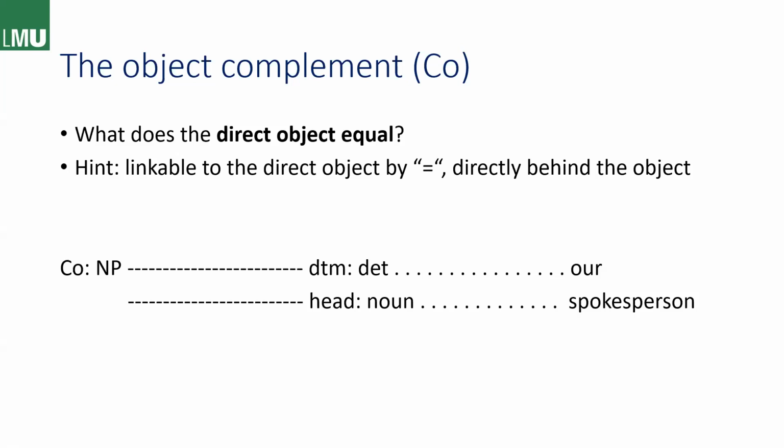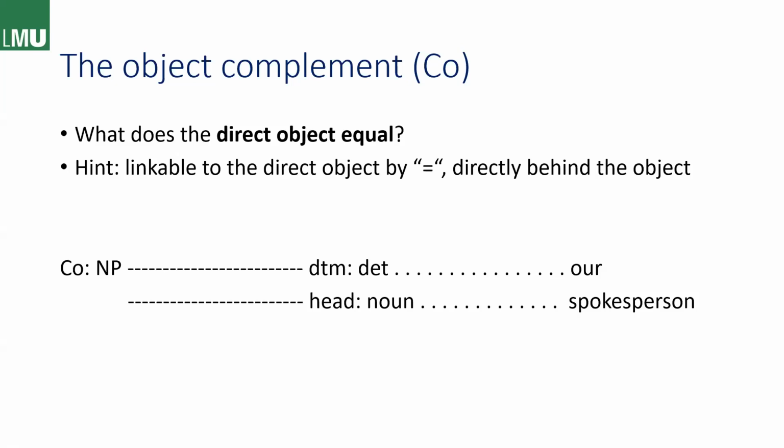Here we've got the example of the noun phrase our spokesperson, from the part of the sentence where it says, we would have elected you our spokesperson, where you would be the direct object, and our spokesperson is the object complement. And actually elect is the prime example of a verb that often has object complements.